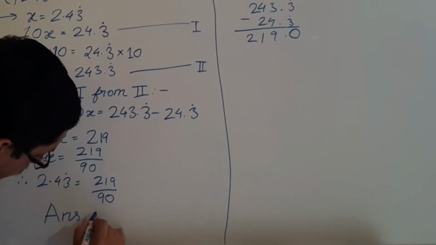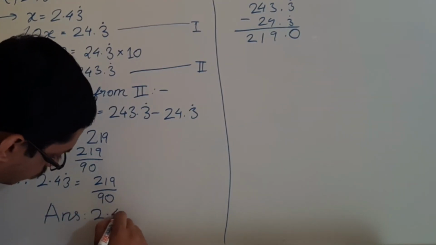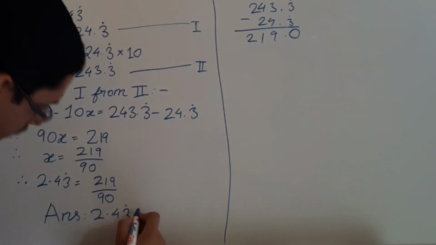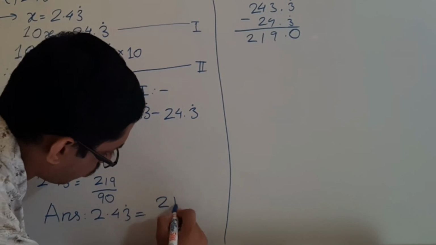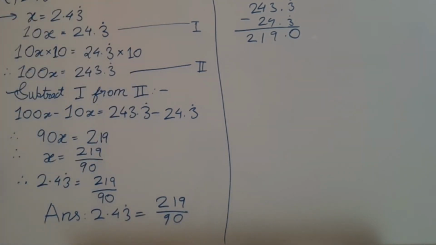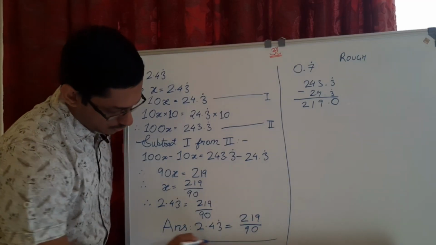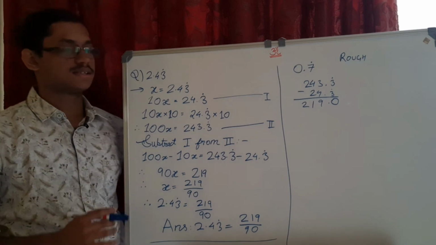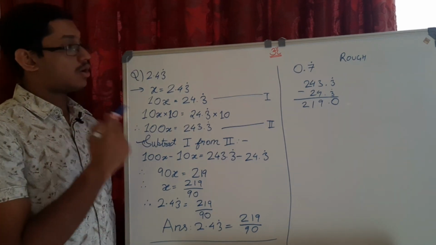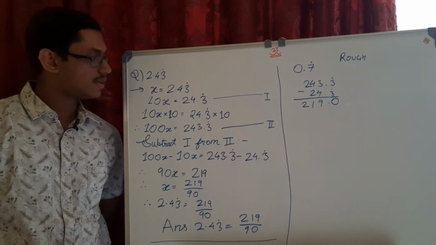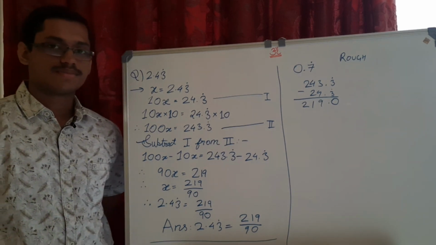Answer: 2.43, just as it is written in the question, equal to 219 by 90. All right, give a big underline. Now I hope you understood nicely how to convert a recurring decimal into p by q form. So thank you very much.